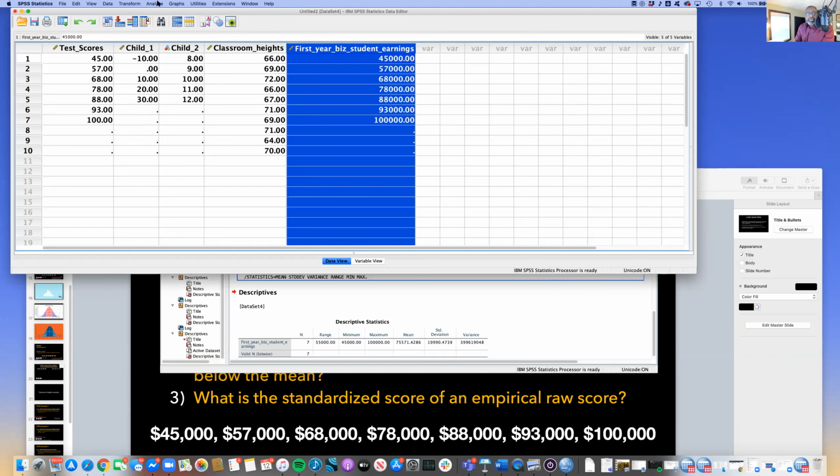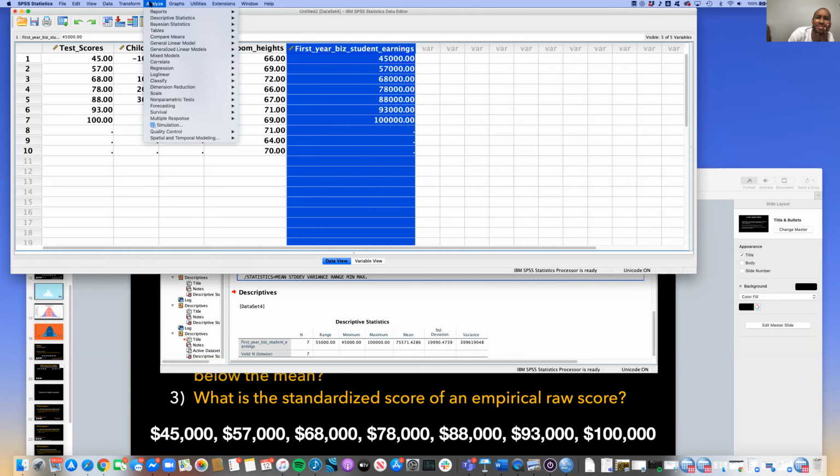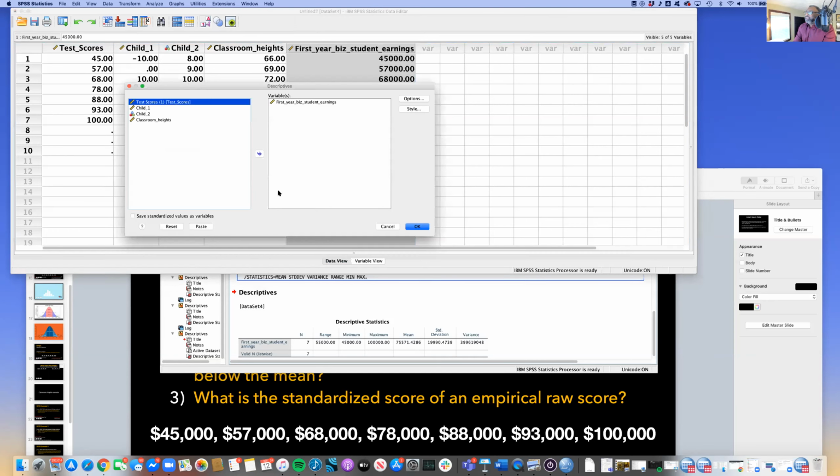So we want to represent these data points as z-scores. And apparently there's not a button that says z-score, but I'm going to show you how to do it. Why not? Yeah, SPSS. So we go to descriptive statistics, we go to descriptives, and we stop here and we say save standardized values as variables. So you click that, and then you click OK.